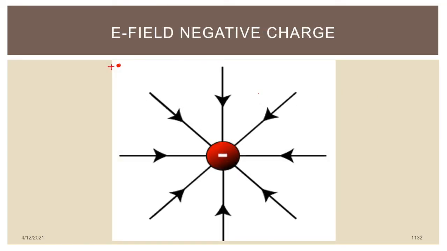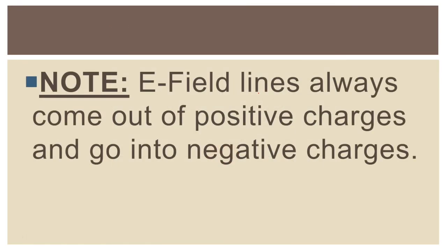Because while the main way that physicists always phrase the rule is that the electric field lines are drawn for a positive test charge, that is true, and that is the thinking around how these diagrams work. But I think it's much easier to rephrase the rule by just saying electric field lines always come out of positive charges and they always go into negative charges. That's the same thing, just said in a slightly more understandable way.